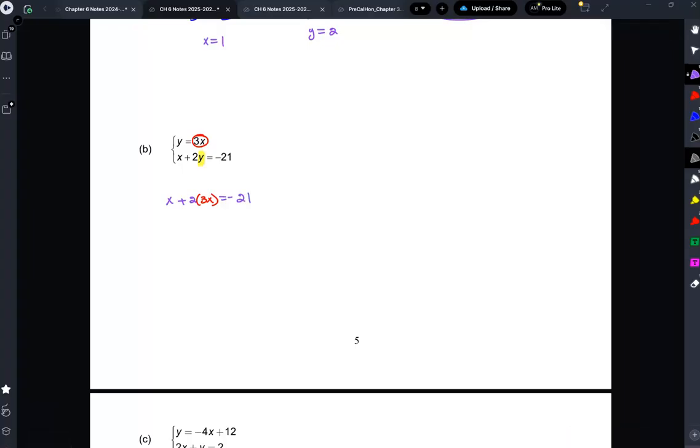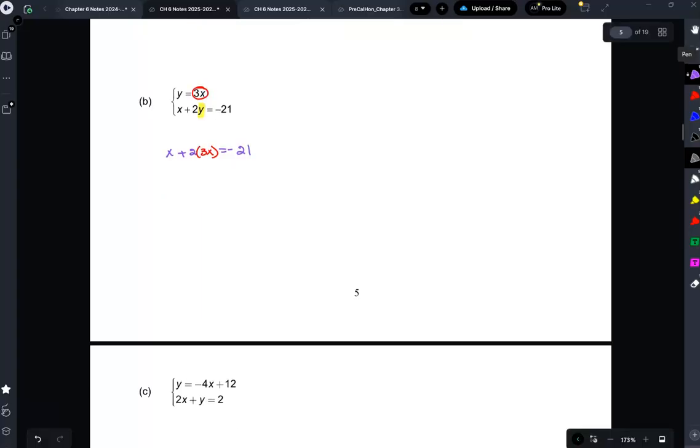If you did this correctly, the point is you will end up with an equation that has only the same variable. All x's throughout, all y's throughout, okay? So now, this is x plus 6x is equal to negative 21. And then we solve this. We know how to solve this, yeah?